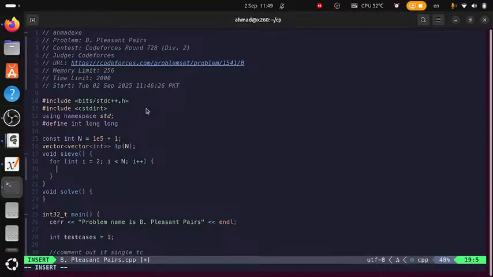Is there any shorter way to solve this problem? We need to find factors. You know what, let's just not do this.